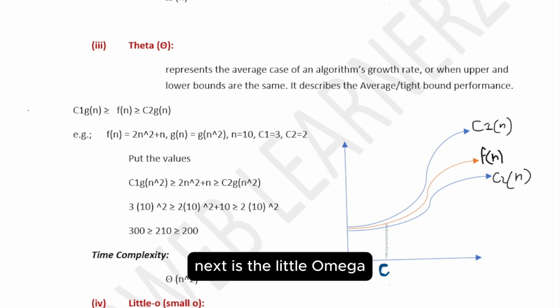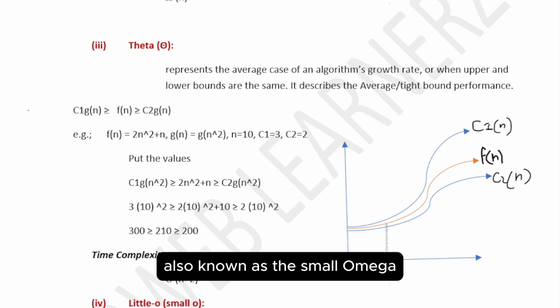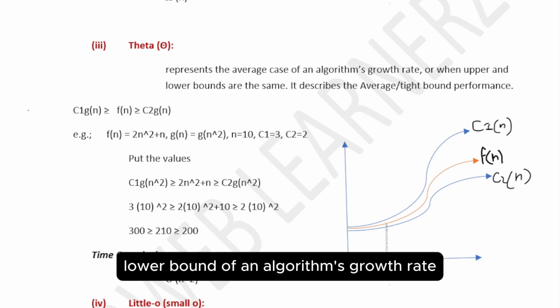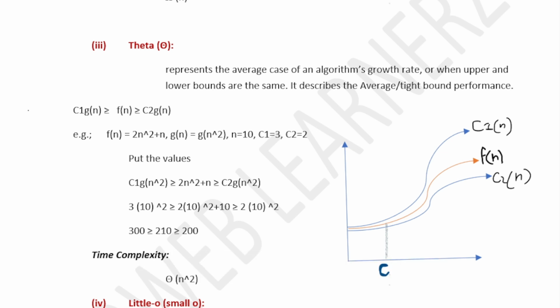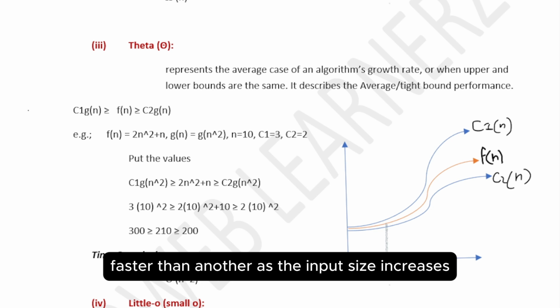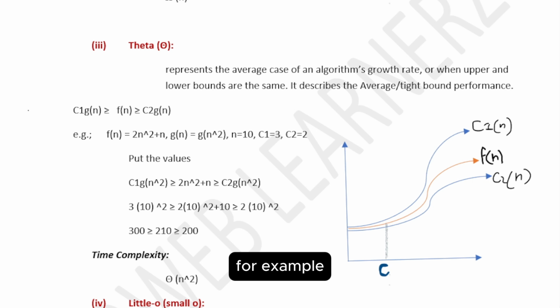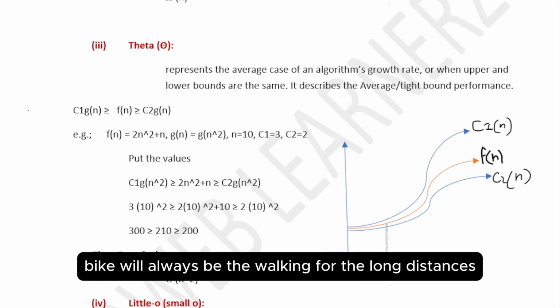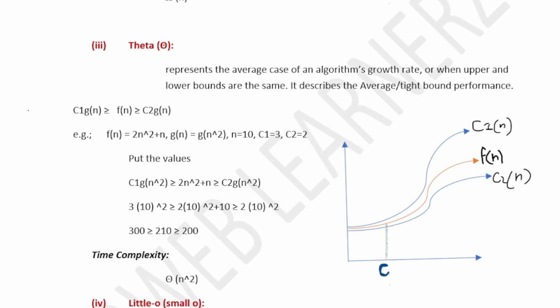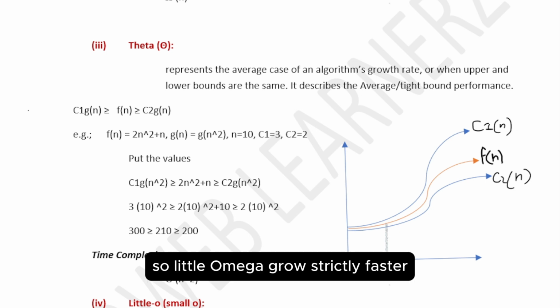Next is the little omega, also known as the small omega. Little omega represents the strict lower bound of an algorithm's growth rate. Little omega means one method is always faster than another as the input size increases. For example, bike will always beat the walking for long distances, so little omega grows strictly faster.